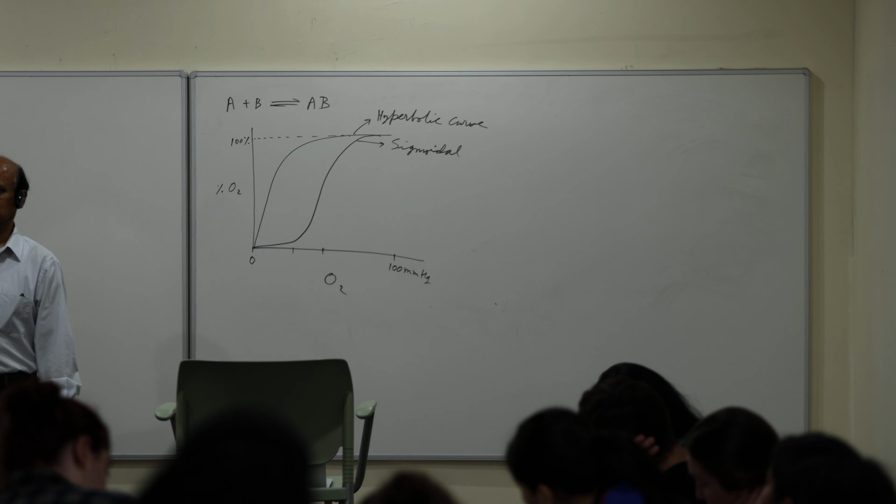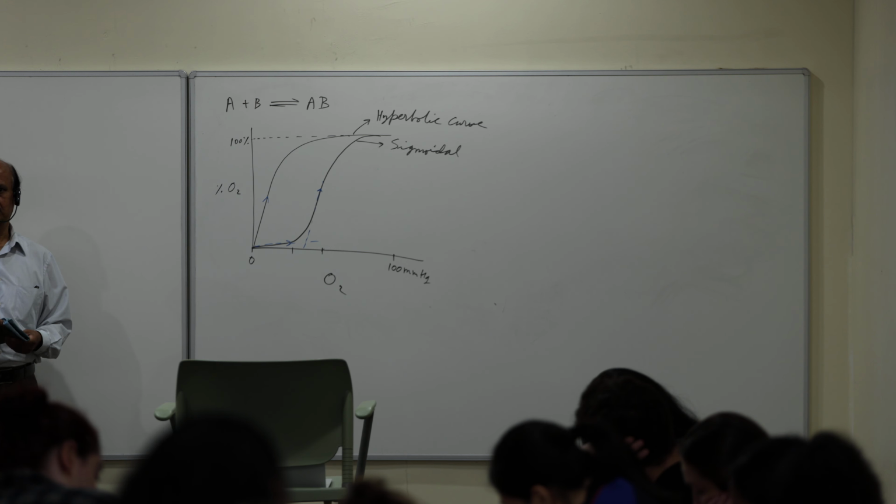The slope of this line tells you the binding affinity here. It's very low. But then there is another slope here. This is a very high binding affinity. So hemoglobin has two binding affinities for oxygen, whereas myoglobin has only one, and that is responsible for releasing oxygen into the tissues.